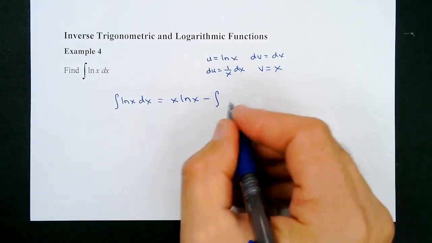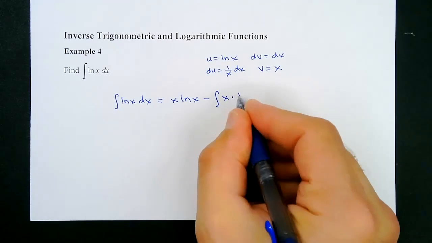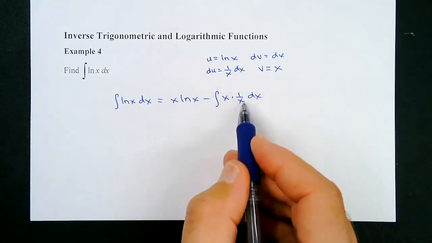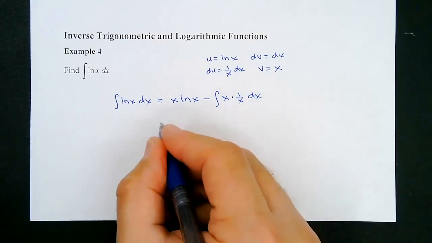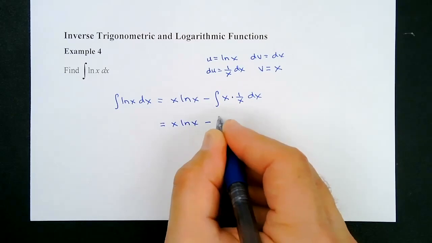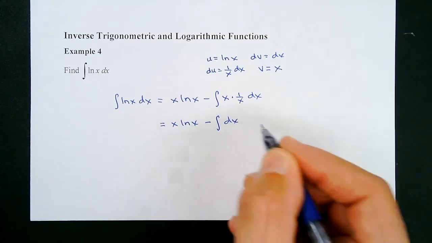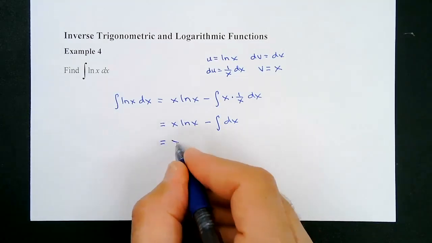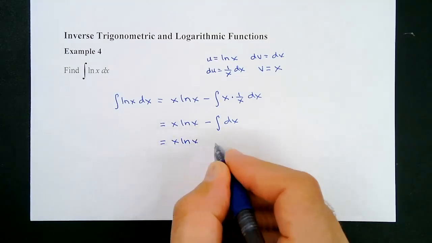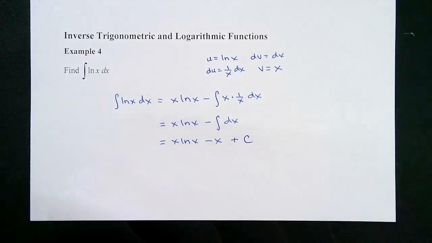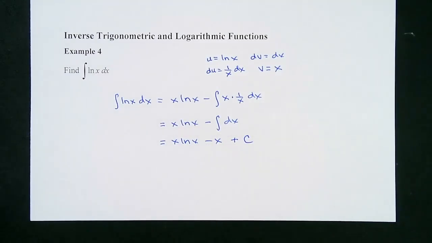Well, that would be x times 1 over x dx. Well, x times 1 over x would just be 1. So this is equal to x ln of x minus the integral of dx. And that would just be x. So we wind up with x times the natural log of x minus x plus some constant c. And that's the integral of the natural log of x dx.